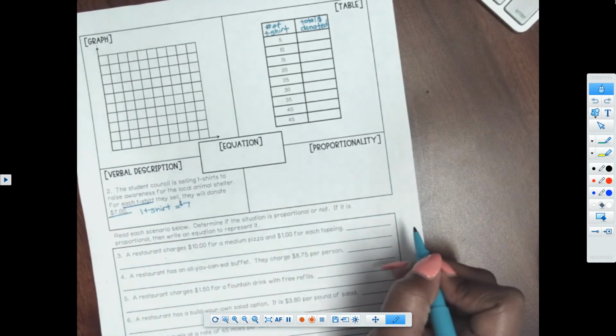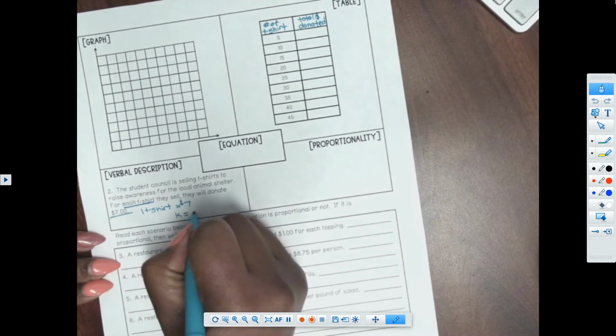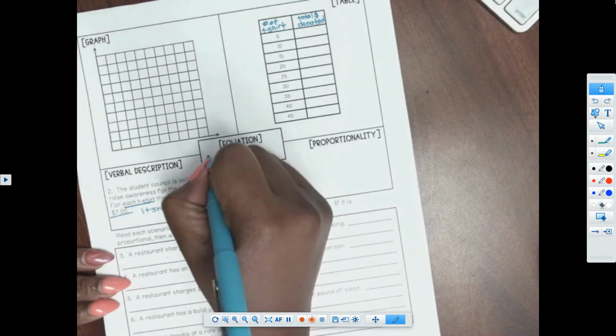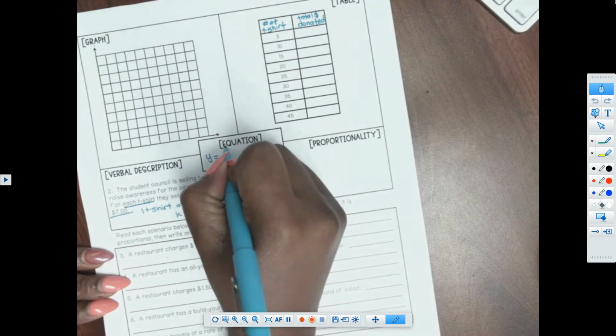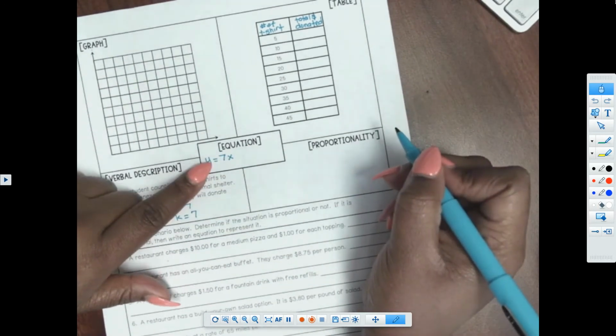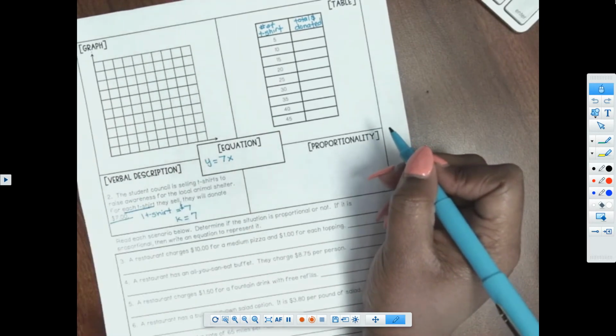So then if this is K being 7, how do I create my equation? Well, Y equals 7X. So the amount of money I make depends on how many t-shirts I sell.